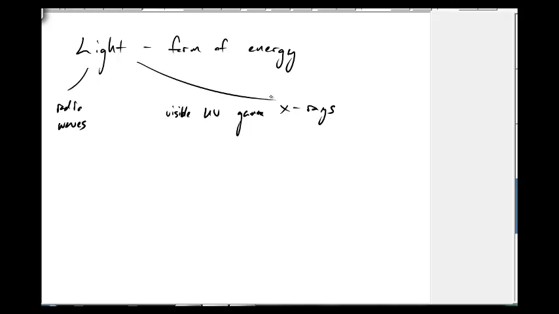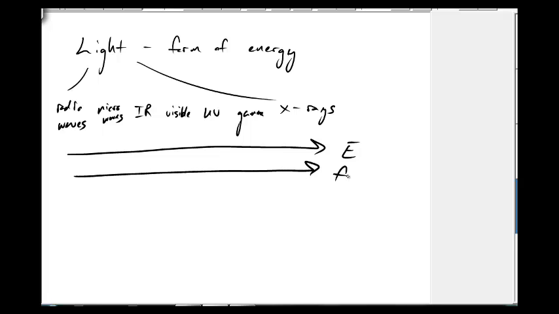There's the infrared and the microwaves. And so what you notice happening here is the energy gets bigger as you move across. The frequency gets bigger as you move across, but the wavelength gets bigger as you move in the opposite direction, because frequency and wavelength are inversely related.